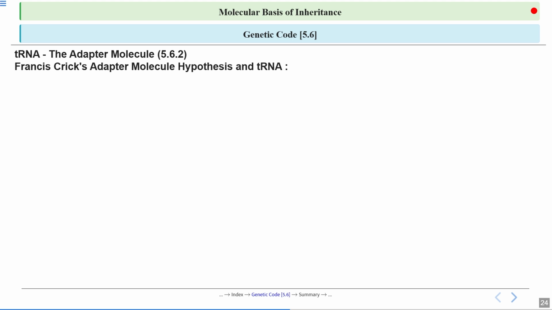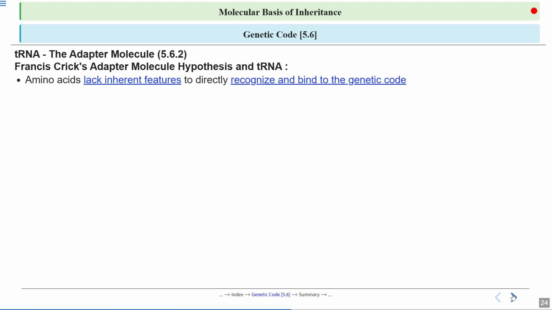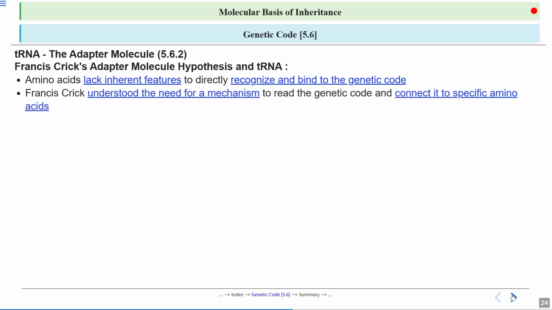So first we will study about Francis Crick's adapter molecule hypothesis and tRNA. Amino acids lack inherent features to directly recognize and bind to the genetic code.